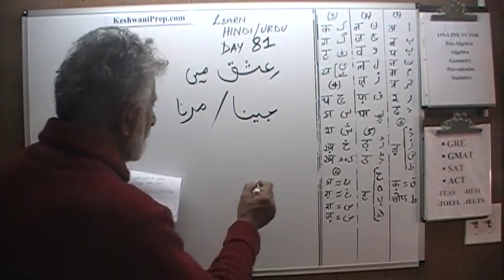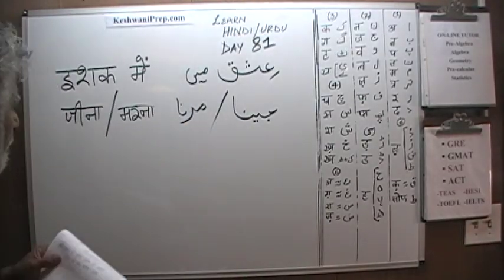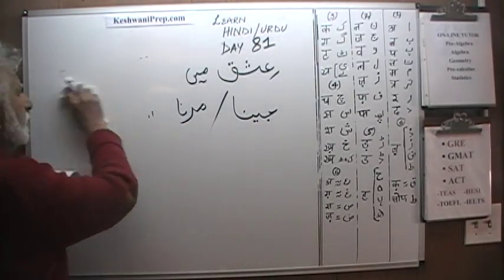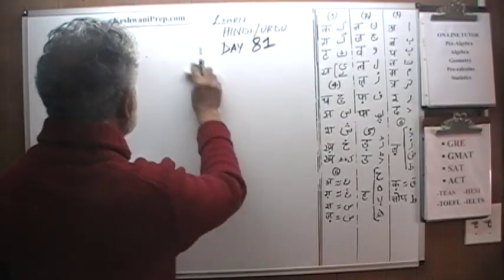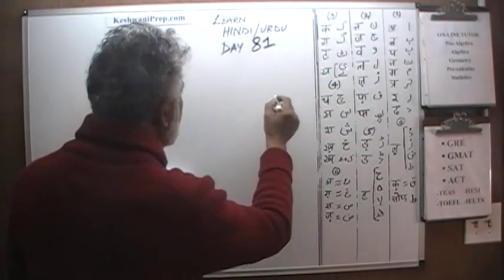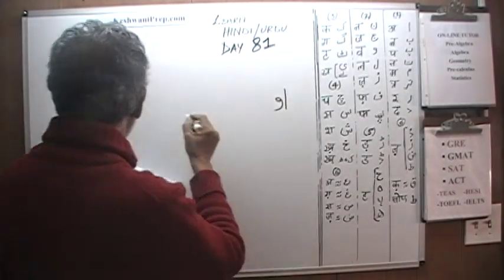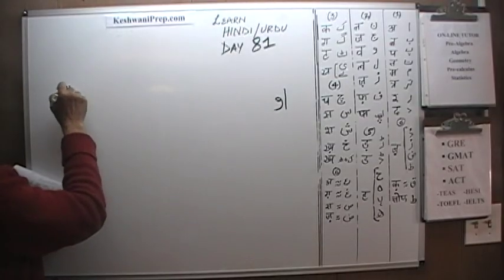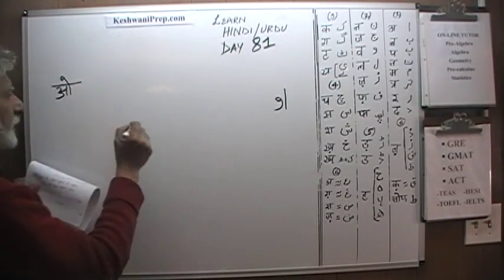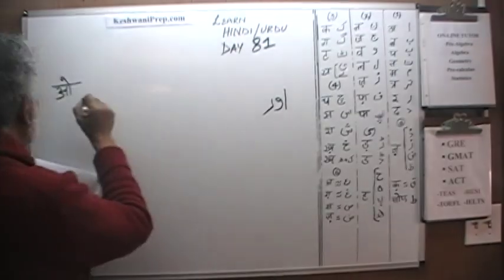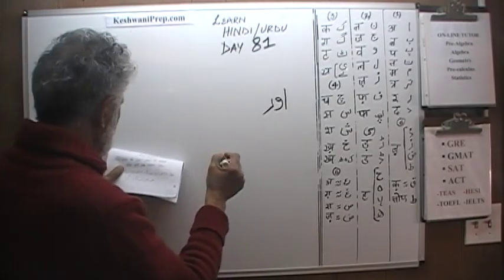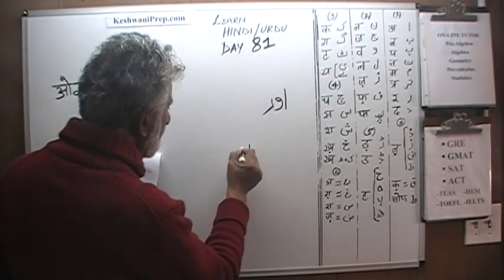Or, let's erase this thing so we have the room. Or, so we need an O, alif and a vav, O ki matra. And then re, or, hame. Ha.